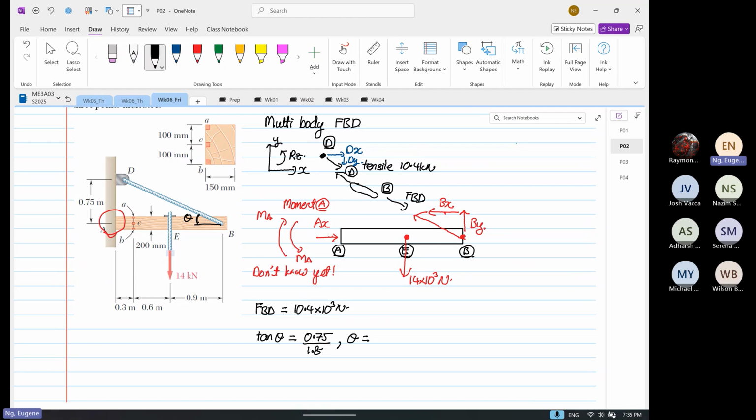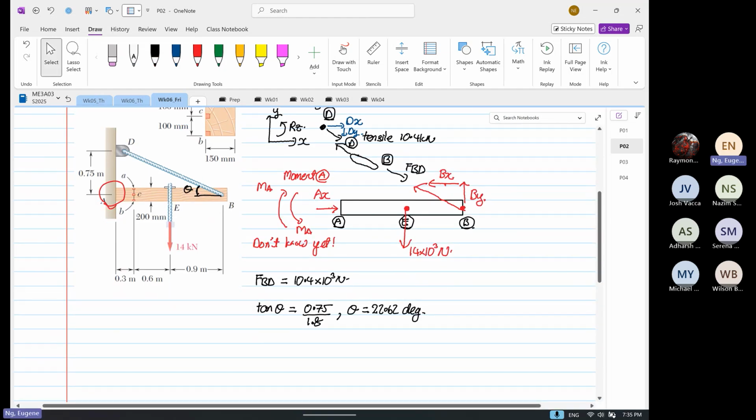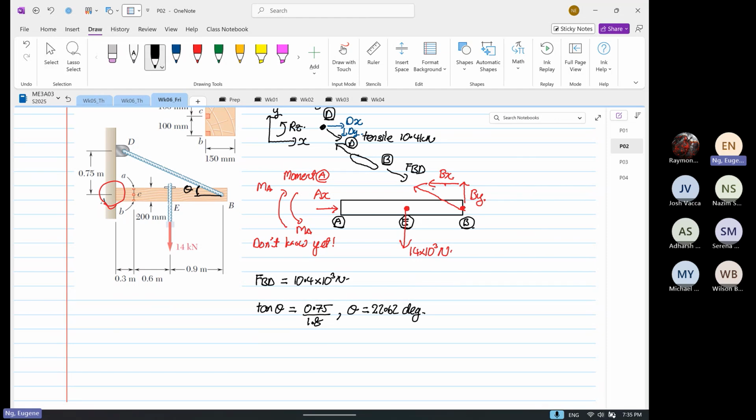So what we have is 22.62 degrees. All right. So from here, we can easily write out that this angle over here is our 22.62.